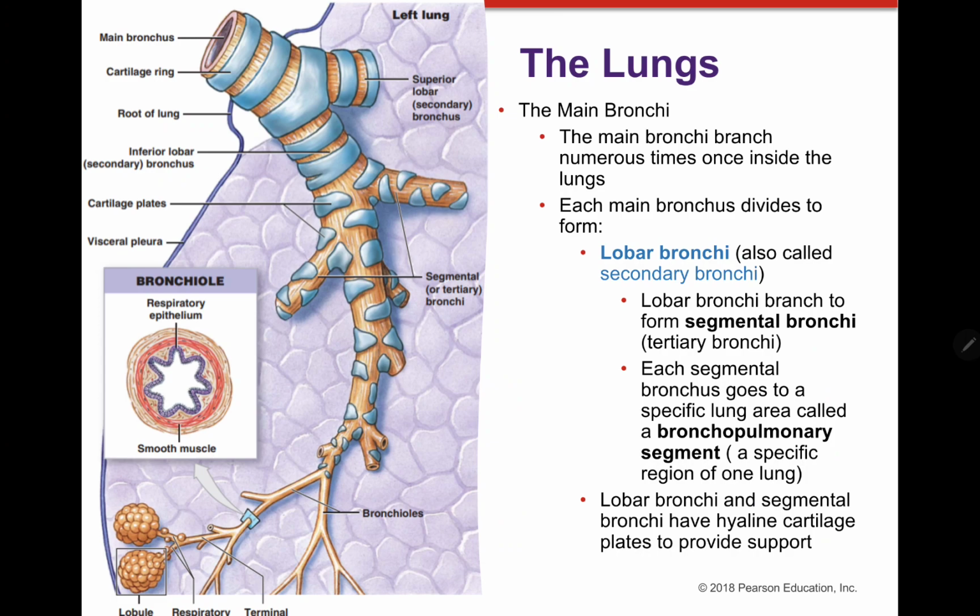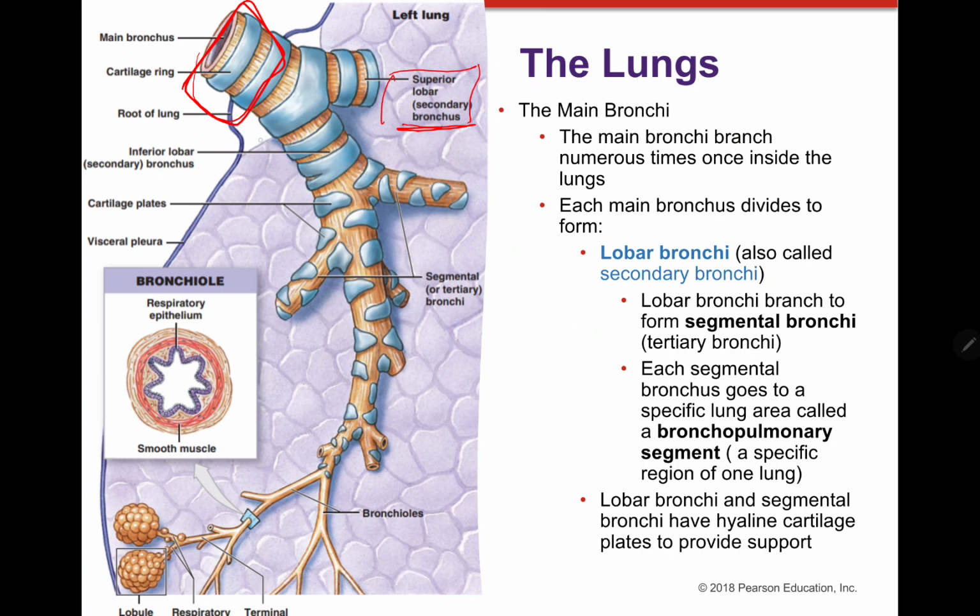When we're looking at the lungs, remember the trachea bifurcates into the main primary bronchi. It's the main primary bronchi that then branch numerous times once inside the lungs. Each main bronchus will divide to form the secondary bronchus, also called the lobar bronchus.